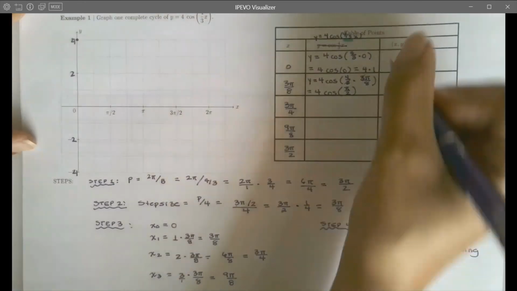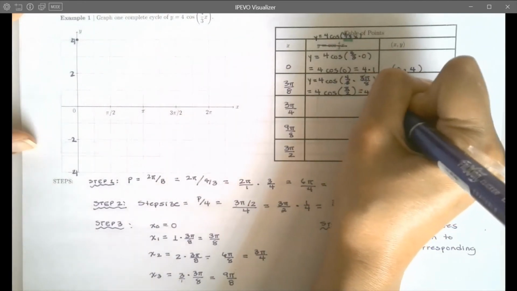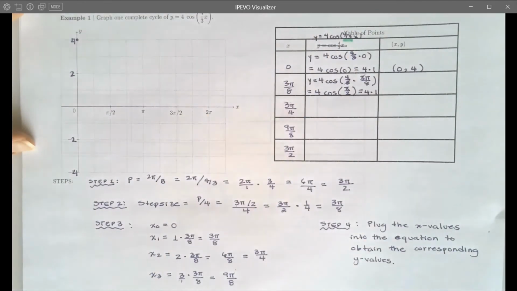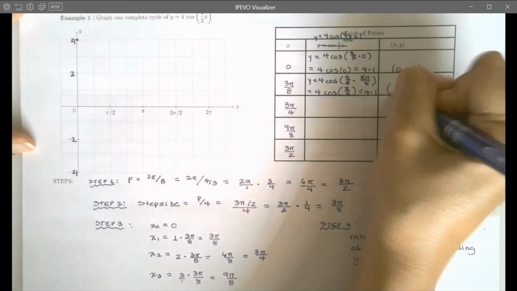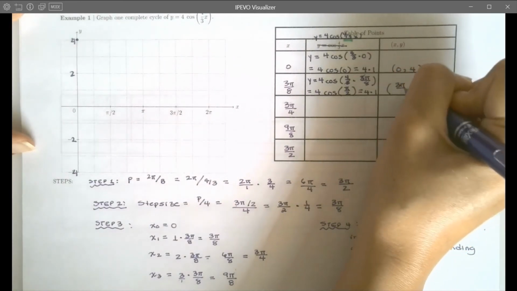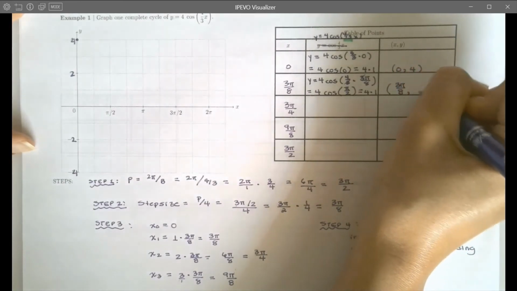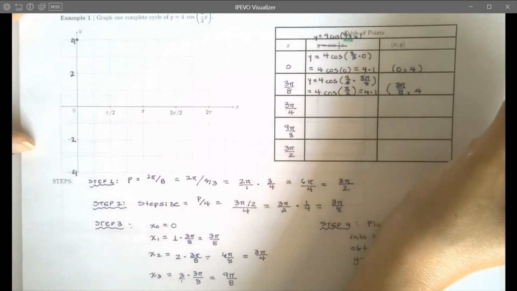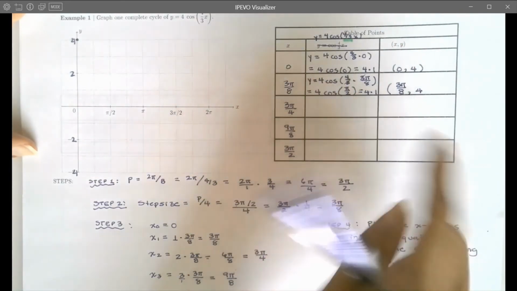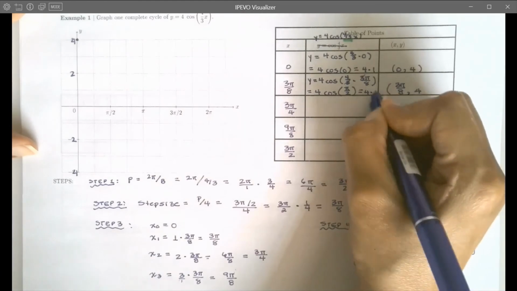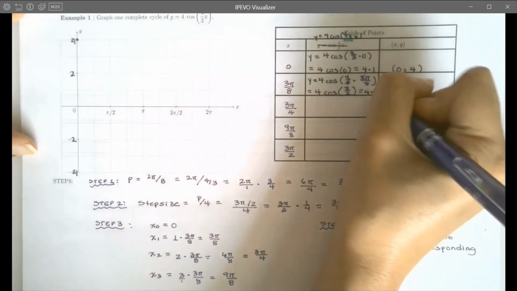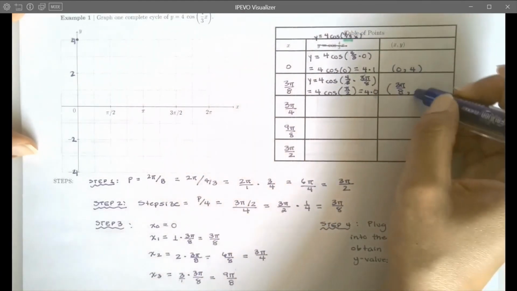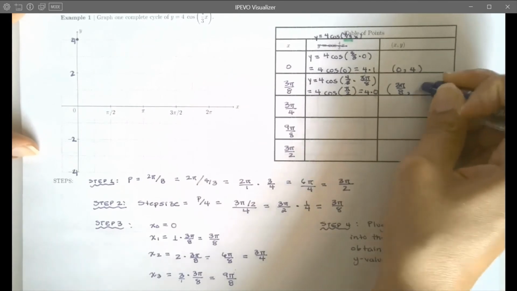Now cosine of pi over 2 is 0, so we get 4 times 0, which is simply 0. That means that we have the point 3 pi over 8, comma 0.